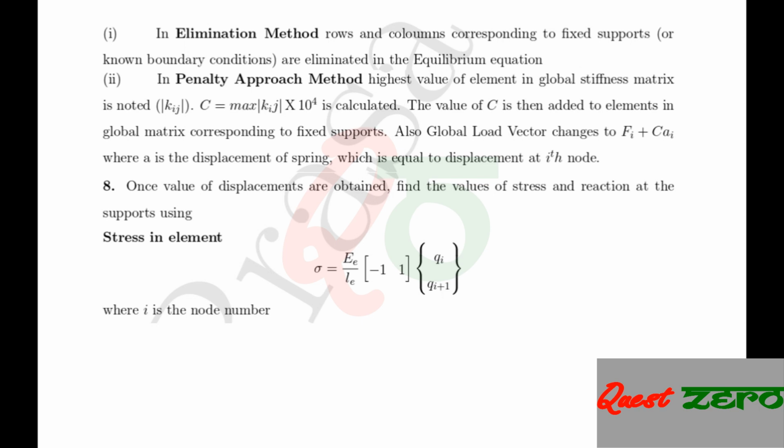If it is element 1 for which the stress is being calculated, then Q_i will be Q1 and Q_i+1 will be Q2, assuming that the nodes of element 1 are numbered 1 and 2, and there are only 2 nodes in the element. The reaction at the supports is obtained from the equation R = K Q - F.